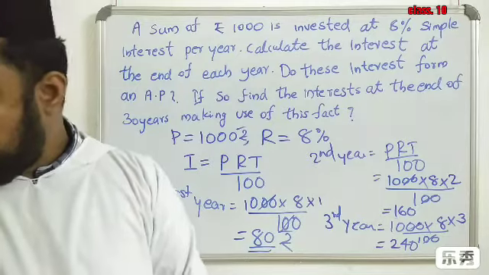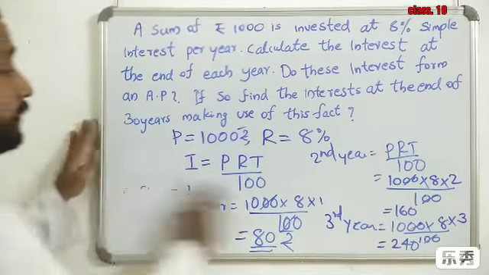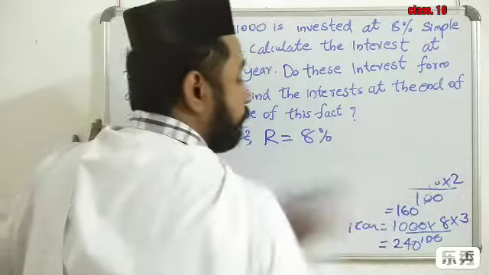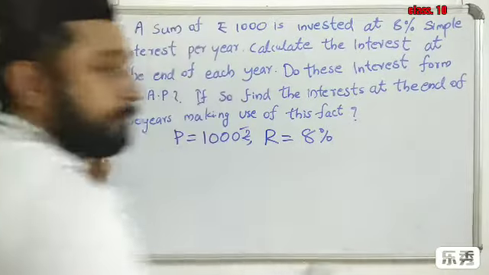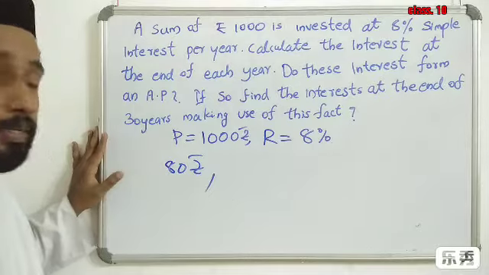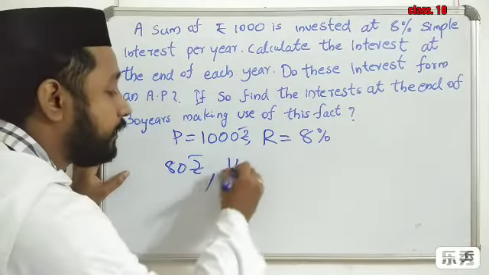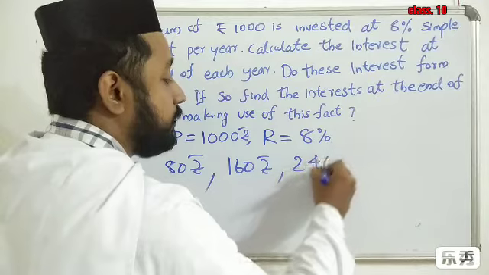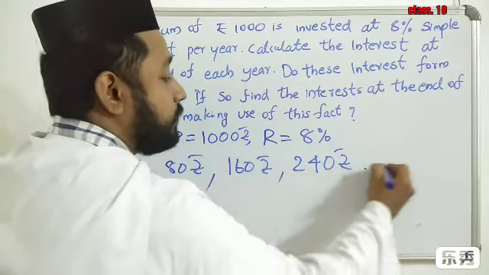So I am going to write these values. We got the interest after each year: after the first year, 80 rupees; next year, 160 rupees; next year, 240 rupees; and so on.